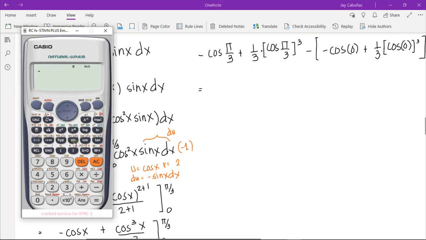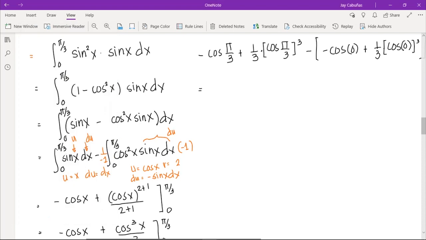So we have negative cosine of pi over 3 plus 1/3 cosine of pi over 3, since it is raised to the third degree, then minus, then the bracket or the open parenthesis, that is negative cosine 0 plus 1/3 times cosine 0, then raised to the third power. Then we have 5 over 24 as our answer.